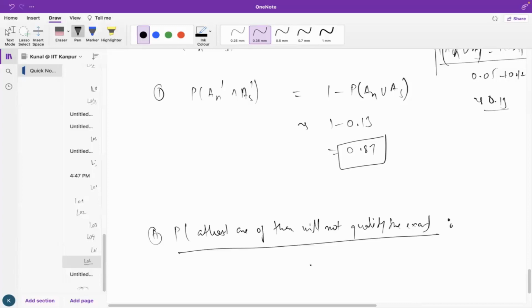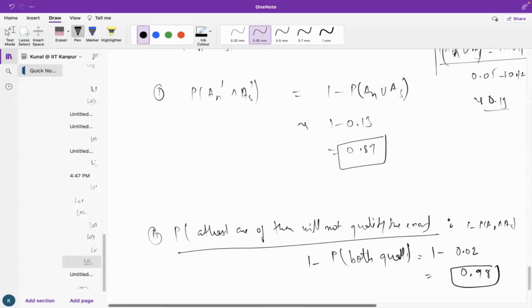We can say it is 1 minus the probability that both qualify, which is 0.02, where both pass. That means we are doing 1 minus P of A intersection B. So 1 minus 0.02 will be equal to 0.98. This is actually the second possibility.